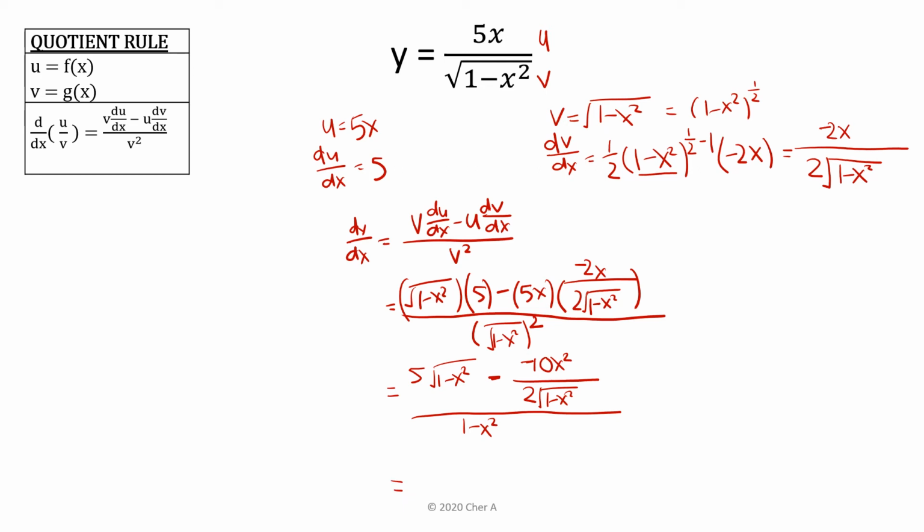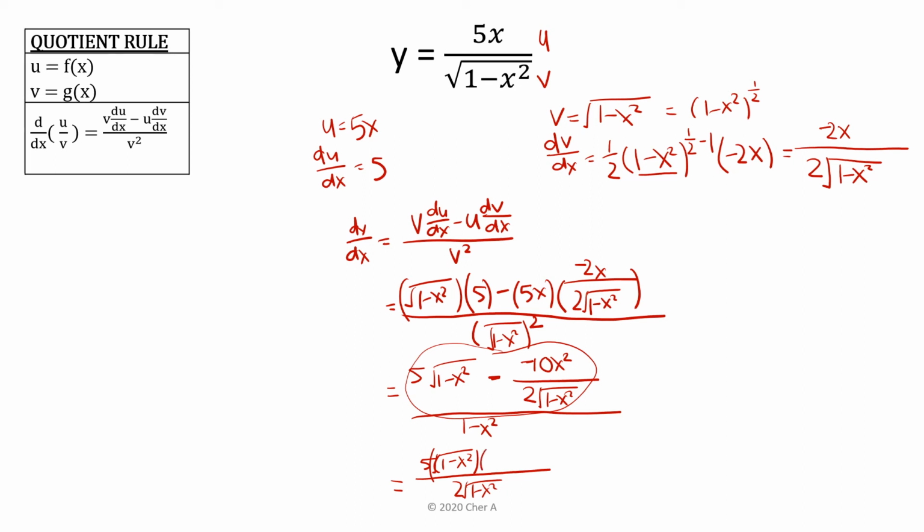Okay, and then I'm going to put this together in a single fraction. It's going to look a bit messy, so 5, 1 minus x squared over 2.